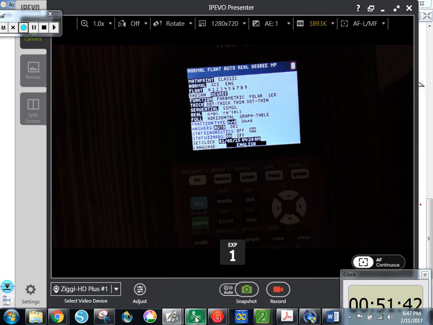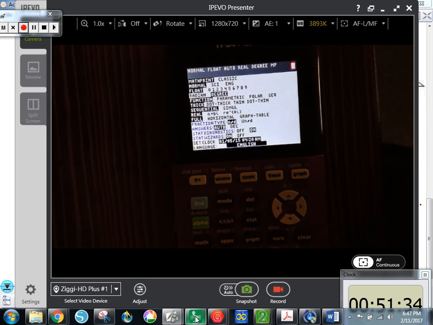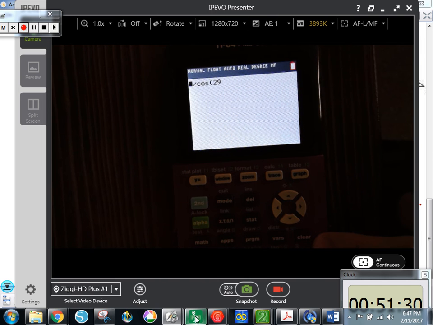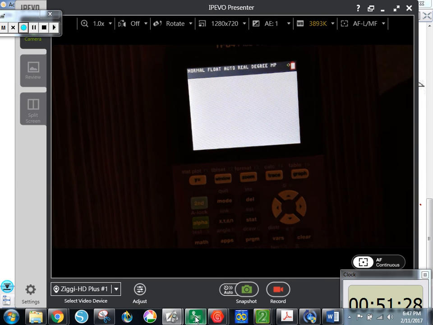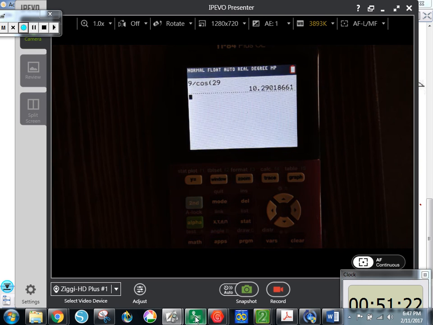So right now, see how there's a couple options down that says radian degree? I need to make sure I'm in degree mode. So when I click on degree mode, then I can quit. So second mode is quit, push enter. And 10.29 is the missing side.